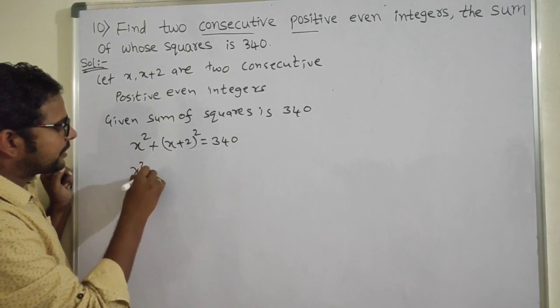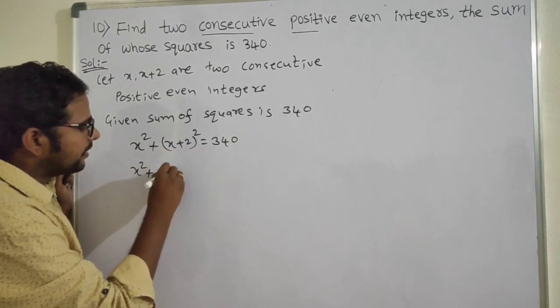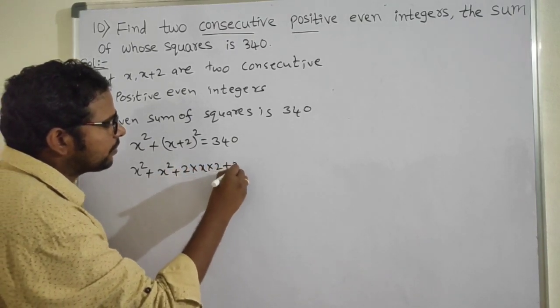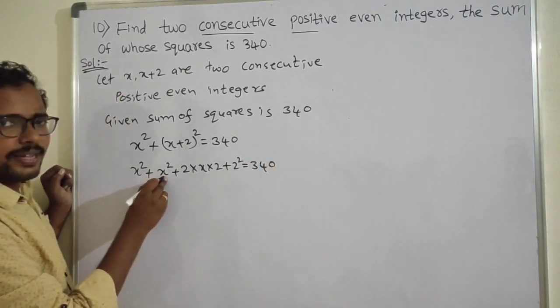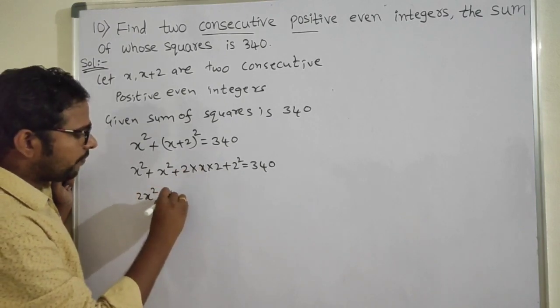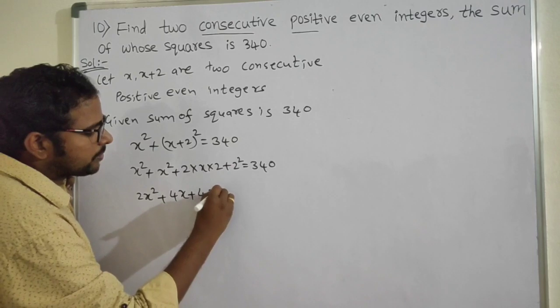Now we can simplify this. x plus 2 whole square is in the form of the a plus b whole square formula: a square plus 2ab plus b square, that is x square plus 2 into x into 2 plus 2 square, equals 340. So x square plus x square gives 2x square, plus 4x, plus 4, equals 340. Send 340 to the left side, because minus 340 equals 0.